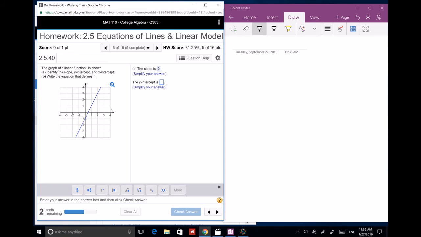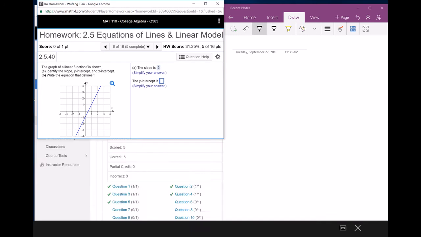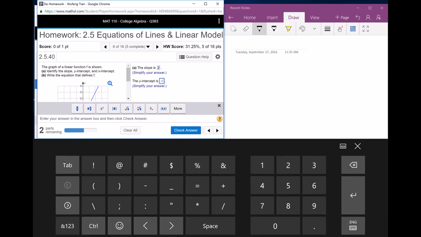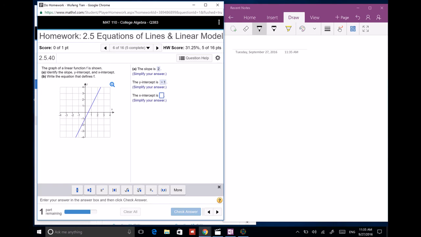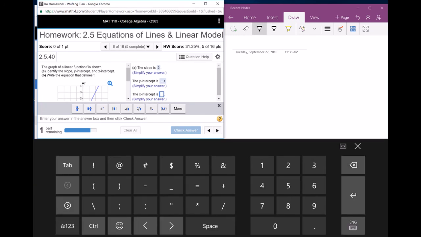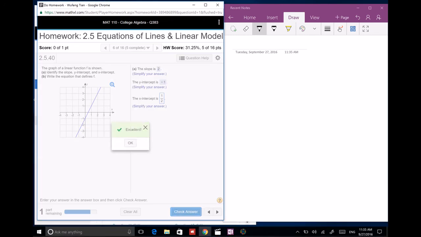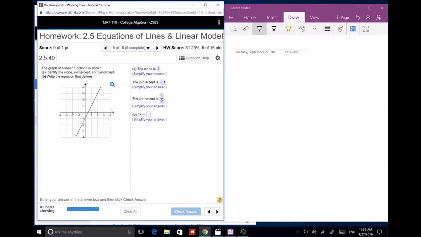So it's -1. The x-intercept is +1/2, between 0 and 1, in the middle is 1/2.